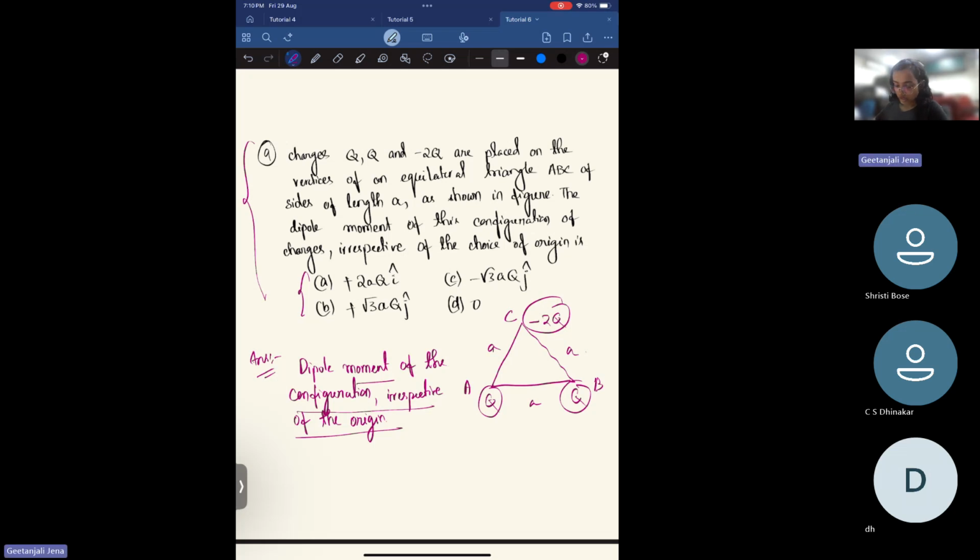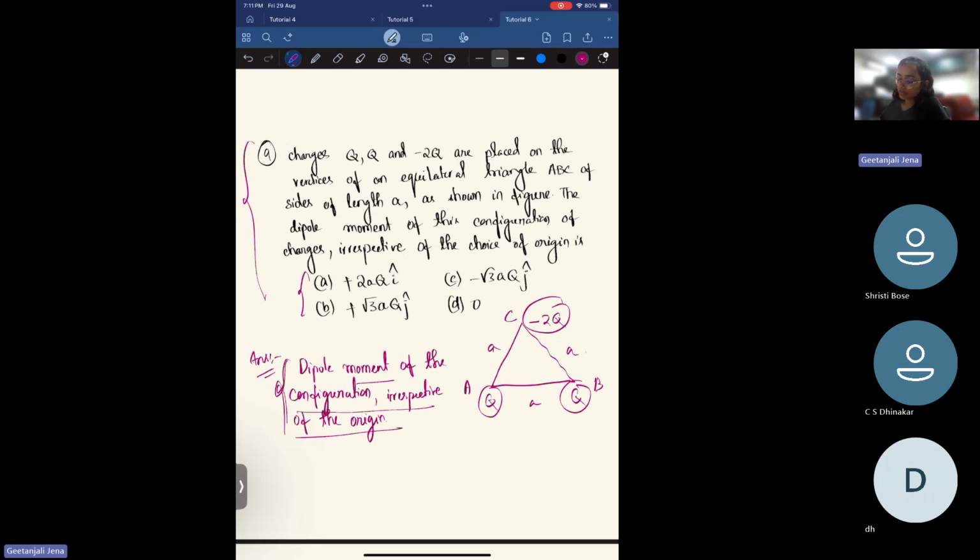Okay, so if it is taking time, let me solve it. Okay, option D. Let me write out the steps. Check whether you have any doubts in the steps. Okay.